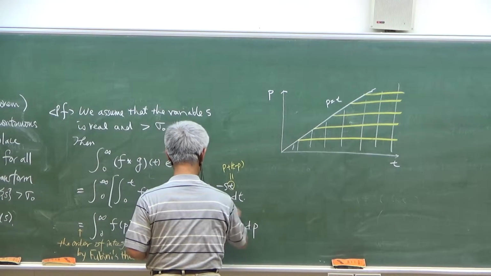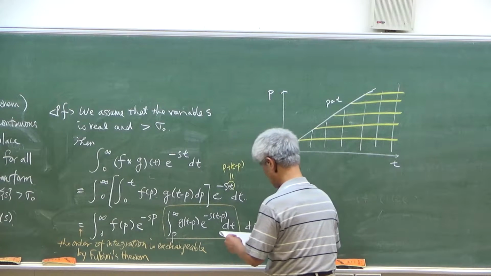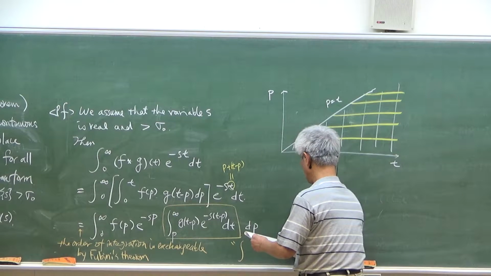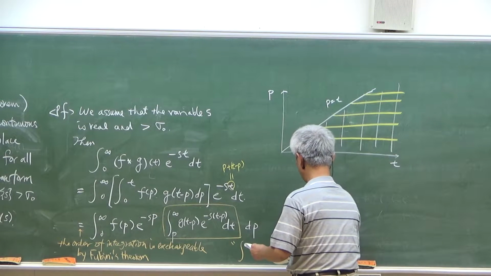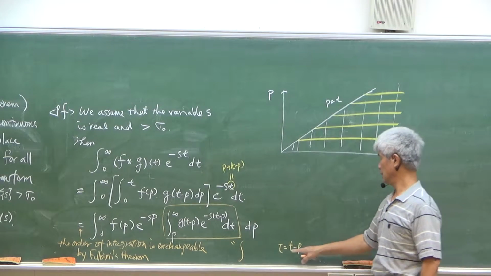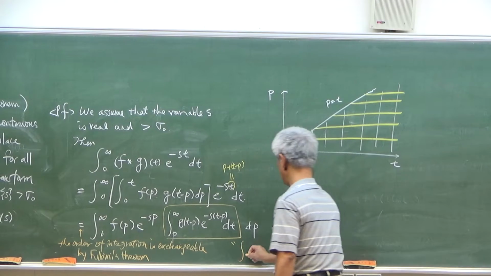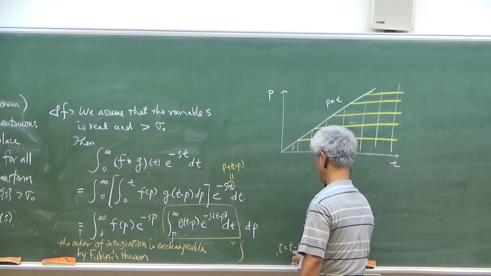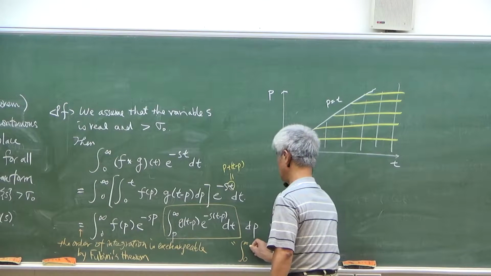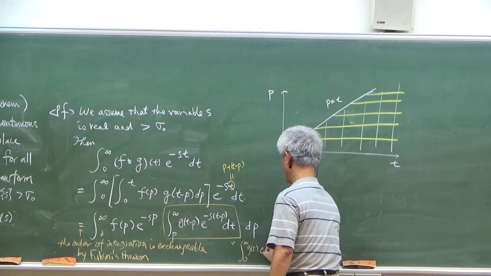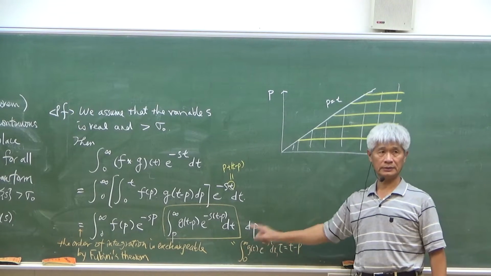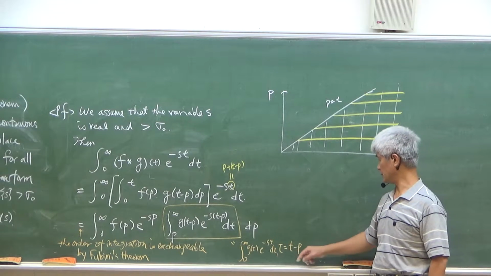And for here, we just let tau equal t minus p, because in here p is a fixed parameter. So with this one, we have the integral from 0 to infinity of g of tau, e to the minus s tau, d tau, right? So by change of variable.